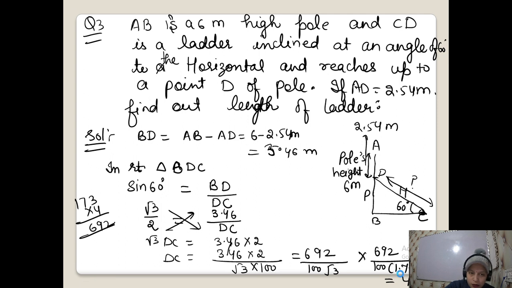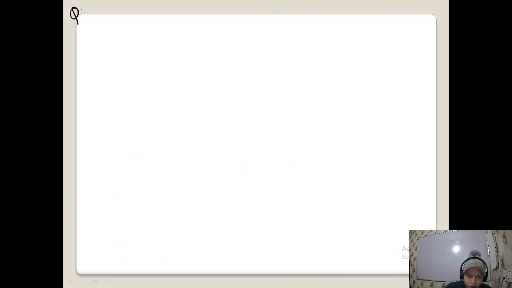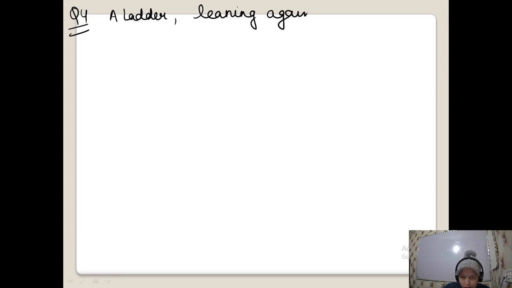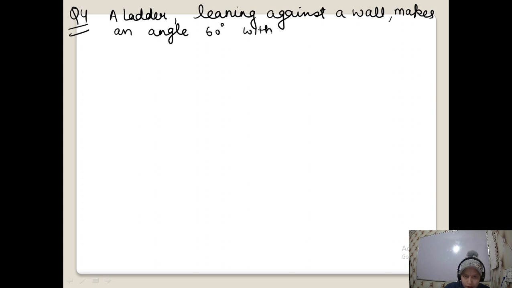Now the next question is: we have given a ladder leaning against a wall, makes an angle of 60 degree with the horizontal.